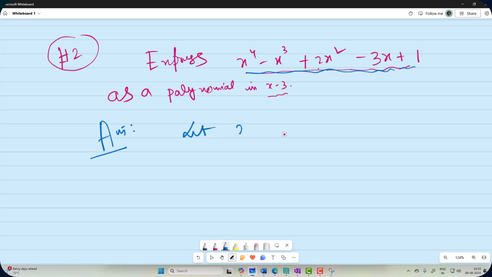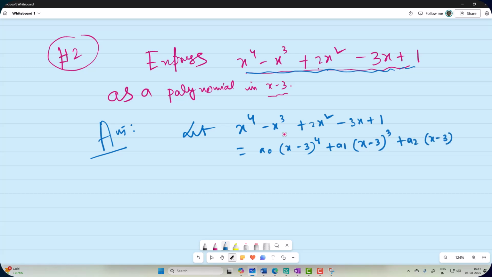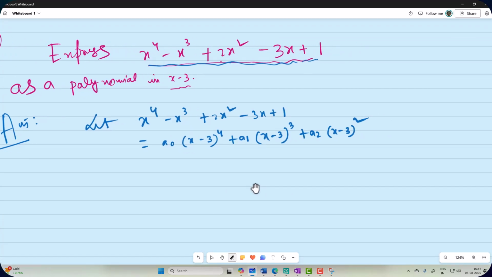I am starting this manner. Let x to the power 4 minus x cube plus 2x square minus 3x plus 1 equal to a0 (x minus 3) to the power 4 plus a1 (x minus 3) cube plus a2 (x minus 3) whole square plus a3 (x minus 3) plus a4.